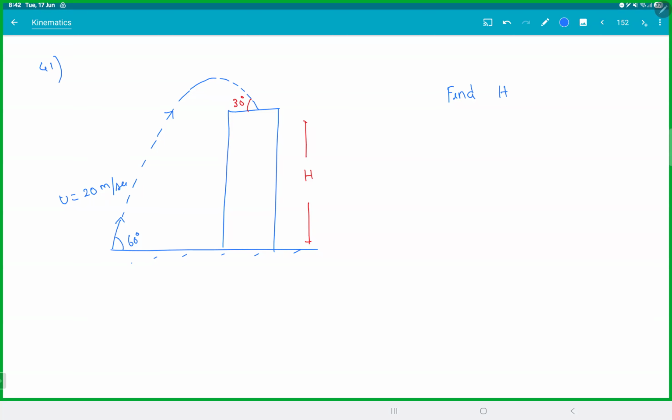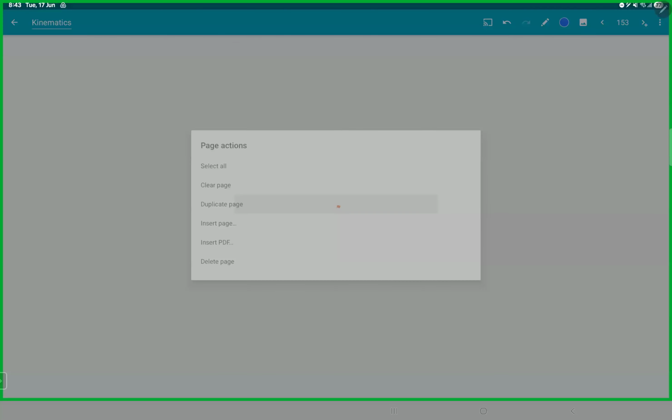How do we do this? Generally, this is a hint.